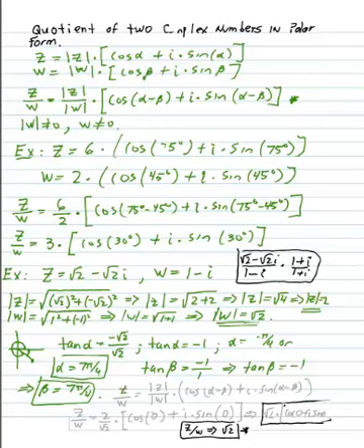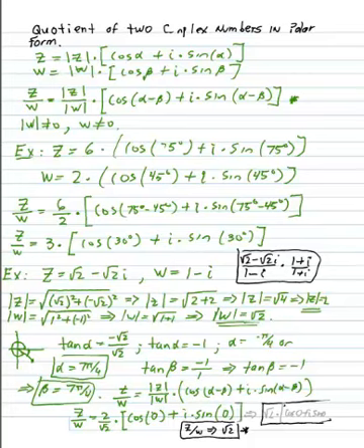Therefore, z divided by w is equal to the modulus of z divided by the modulus of w times the cosine of alpha minus beta plus i times the sine of alpha minus beta, and that gives us z over w is 2 divided by the square root of 2 times quantity cosine of 7 pi over 4 minus 7 pi over 4, that's cosine of 0, plus i times the sine of 7 pi over 4 minus 7 pi over 4, 0 as well.